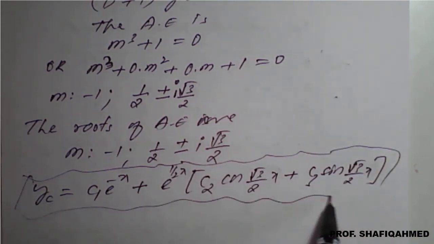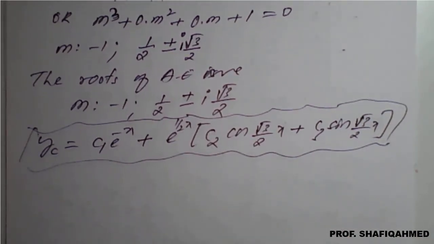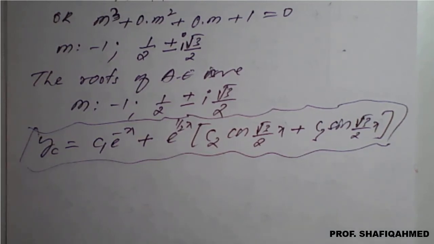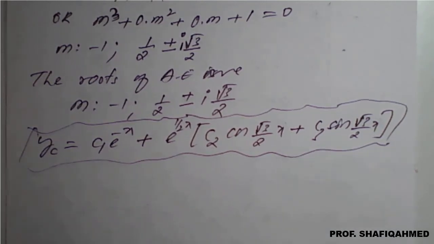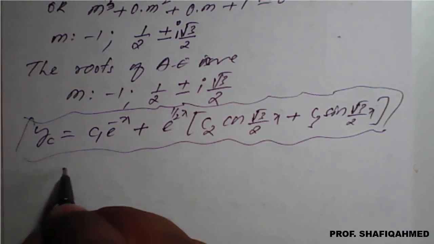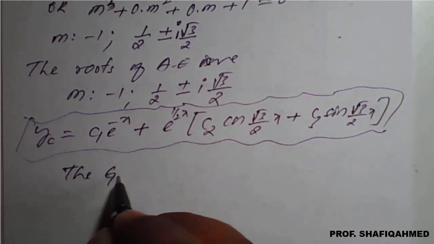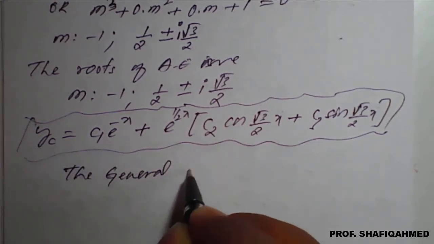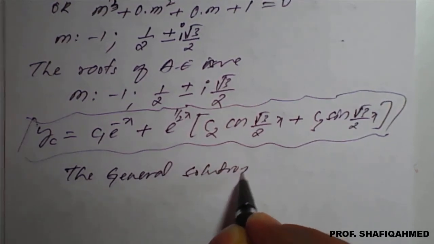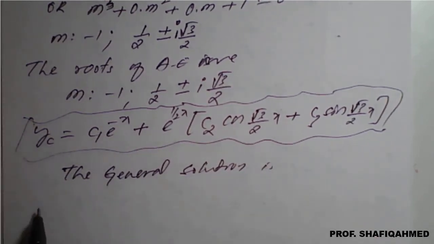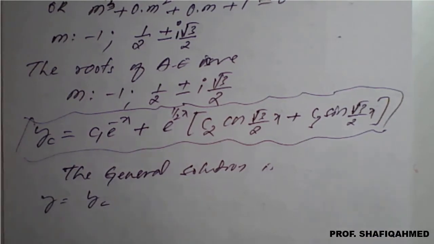So with the help of the complementary function we can go for the general solution now. The general solution is y equal to yc.